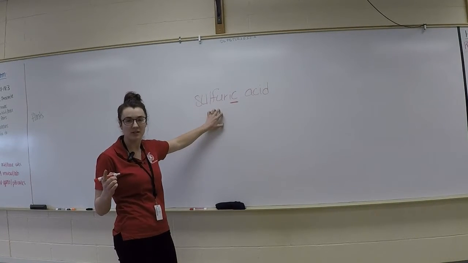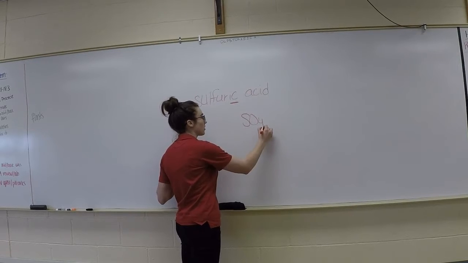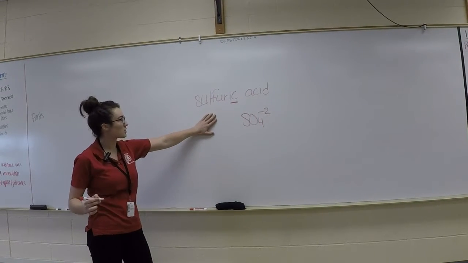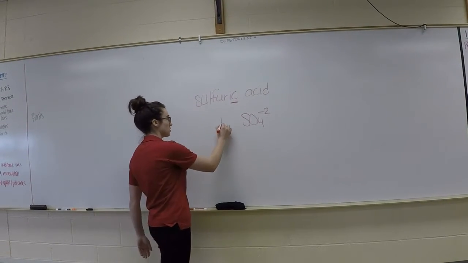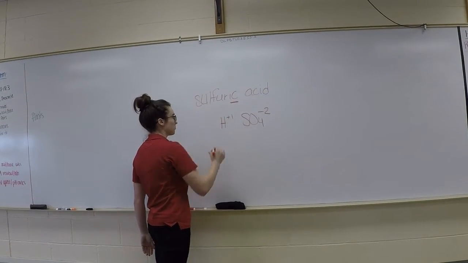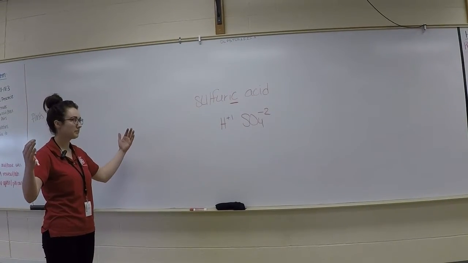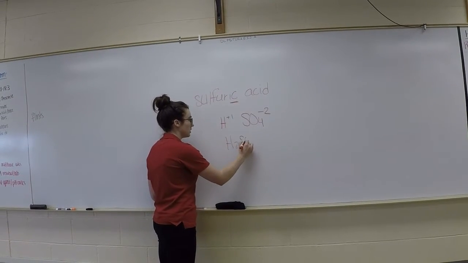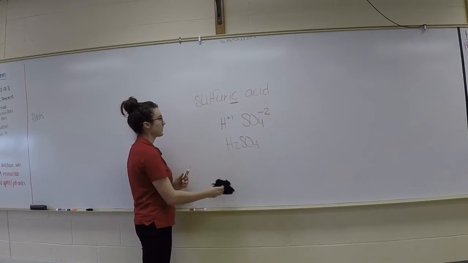So what polyatomic is this? Sulfate. Sulfate is SO4, what charge? -2. And acids are always going to start with what ion? H, what charge? +1, H plus 1. So we crisscross, and you get what? H2SO4. That is it.